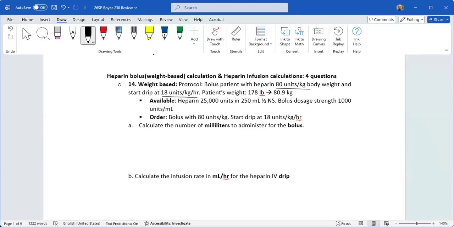Now, I was just mentioning this to the 130 class, and I mentioned this to the 230 class for Allegheny campus when I was doing these reviews yesterday. I told them they're going to call it a drip rate or a drop rate because it is coming down really slow, but you're not calculating drops per minute. The reason I know that is because there's no drop factor listed.